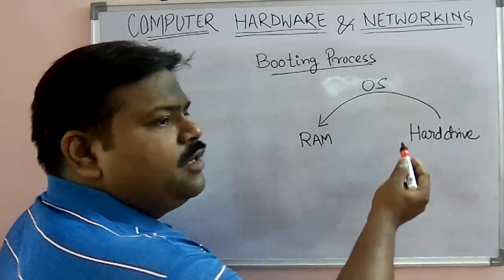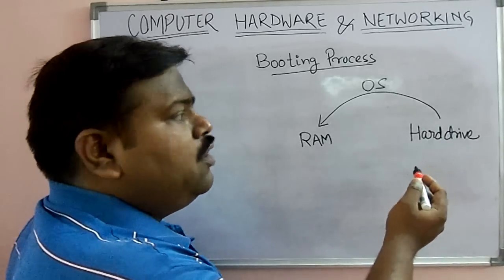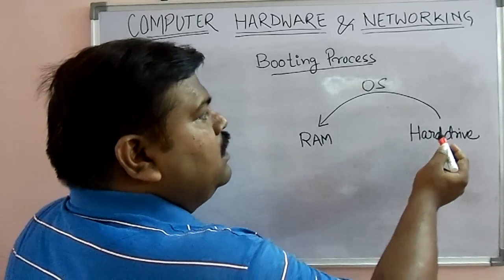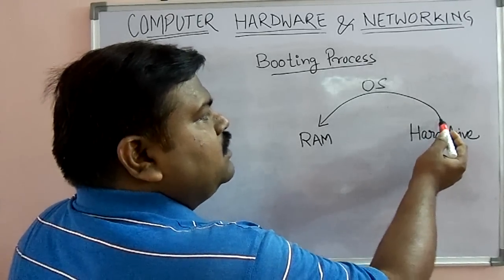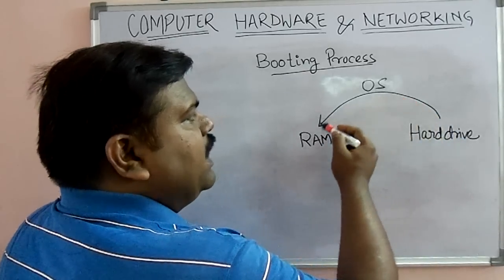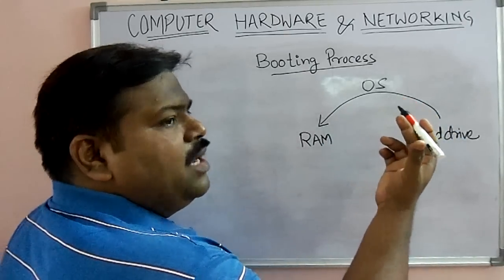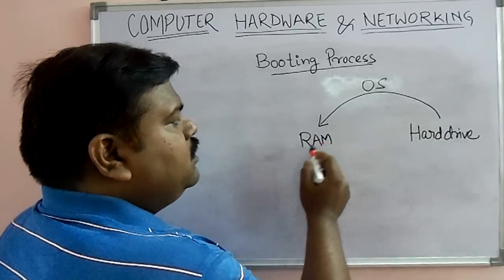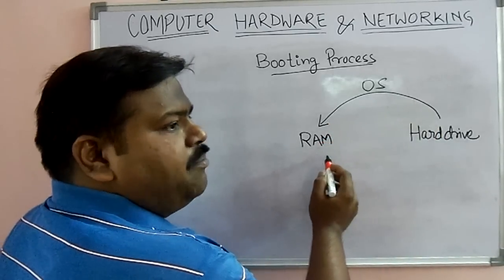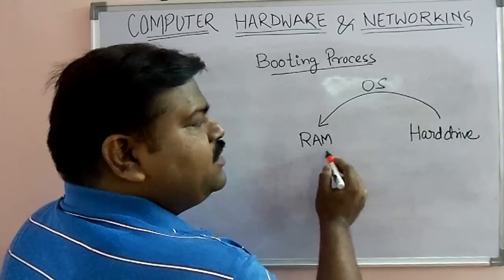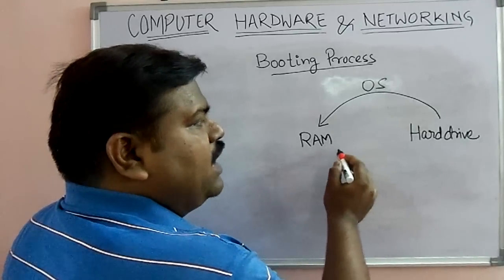Our operating system, like Windows 8 or Windows 7, starts coming from the hard drive, and a minimal version is loaded into this RAM, because RAM is temporary and it is fast.